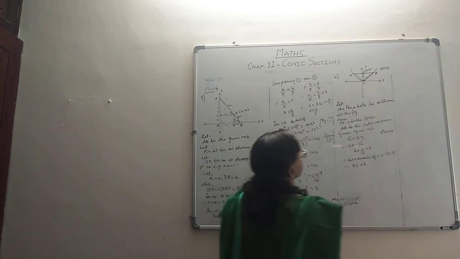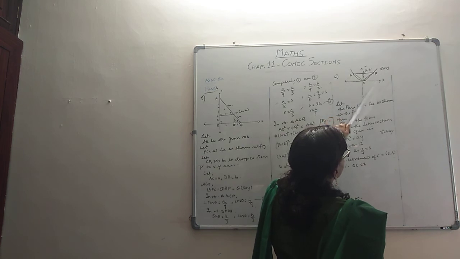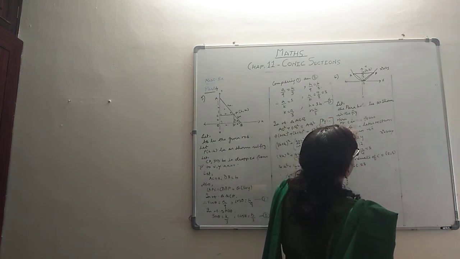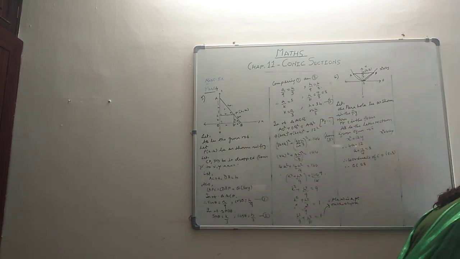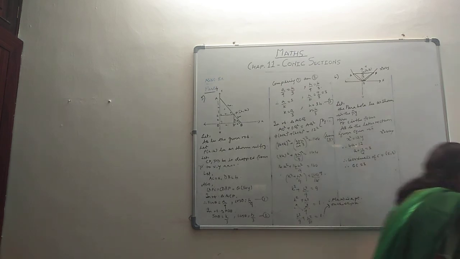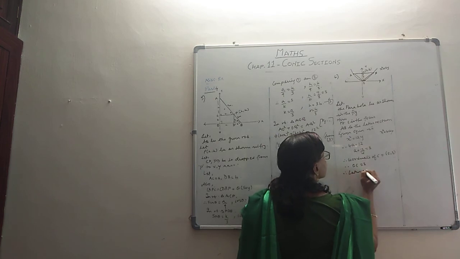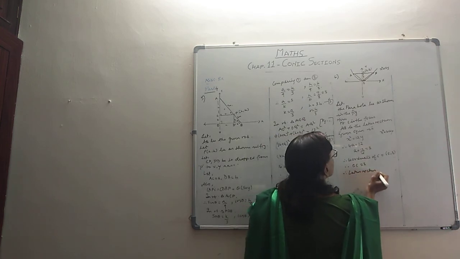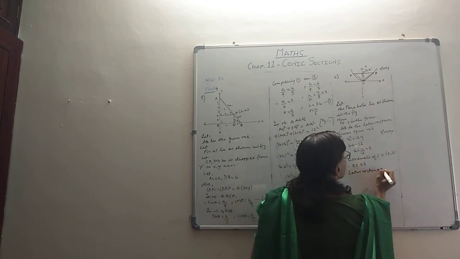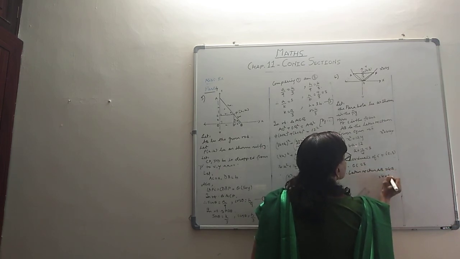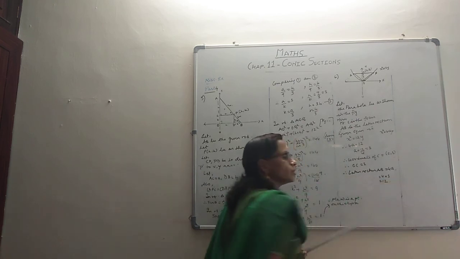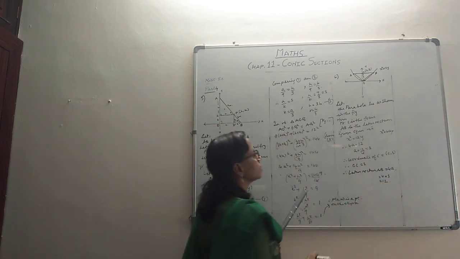The latus rectum, we know the formula, isn't it? Therefore, the latus rectum AB by formula is 4a, which is 4 into 3, that is 12. So you know AB, and that way you will be able to get the triangle.